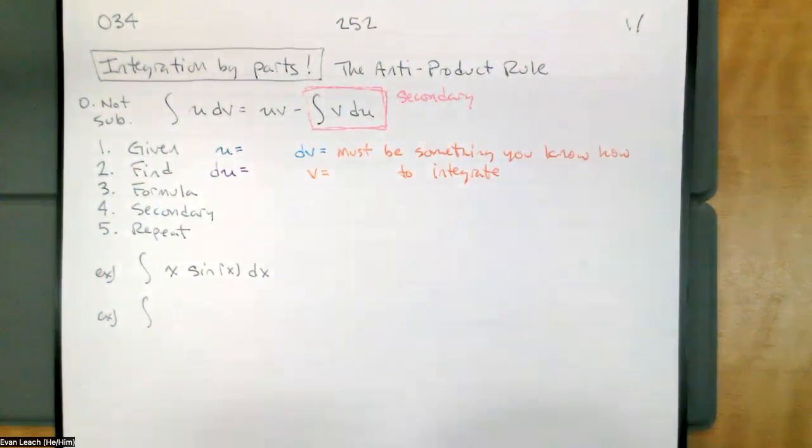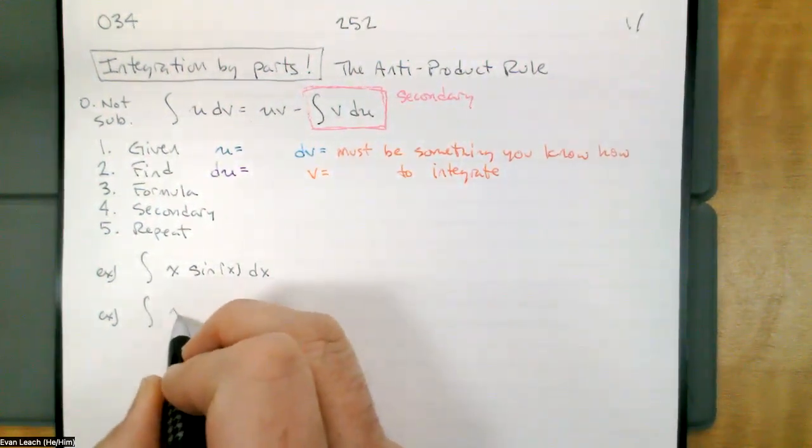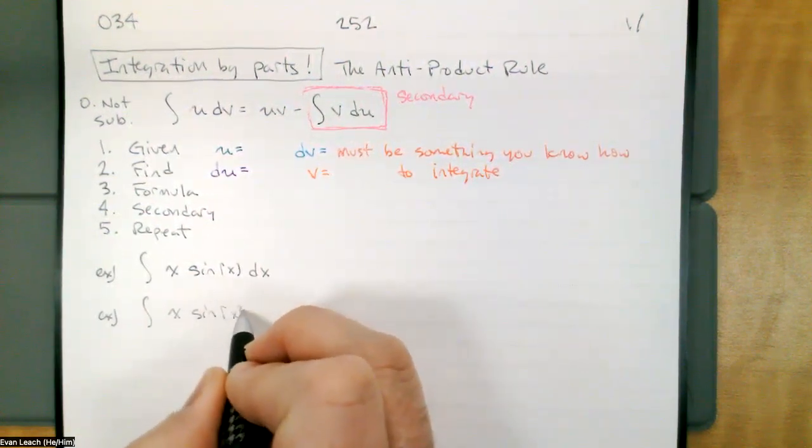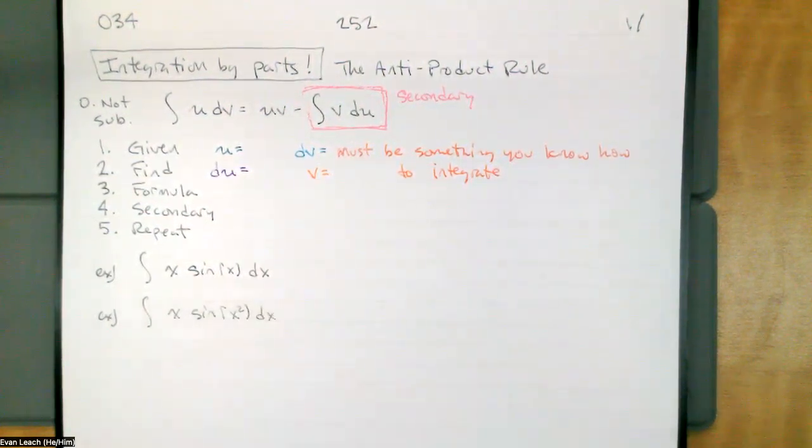So for example, if I have x times sine of x squared, this is a substitution. The x squared is inside the sine, and that x is hanging out front to be the derivative of the inside.